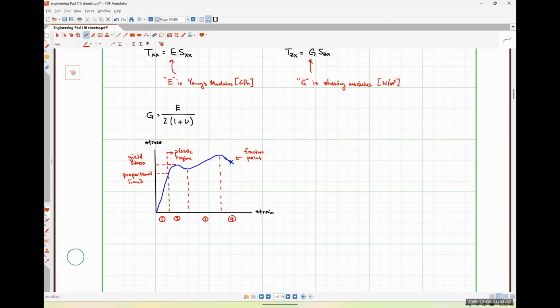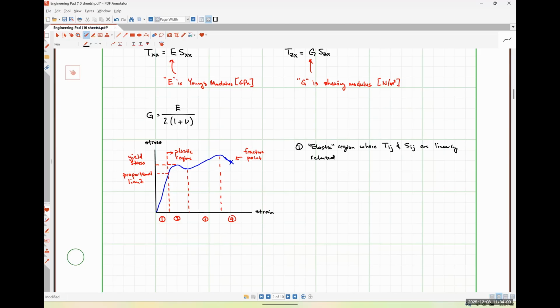Okay. So region 1 is the elastic region, where stress and strain are linearly related.